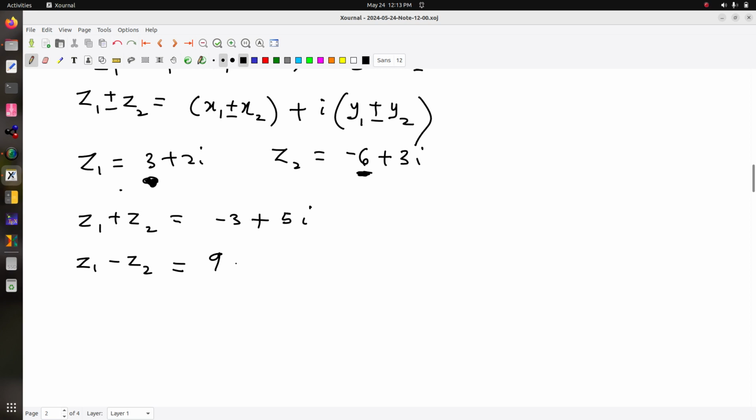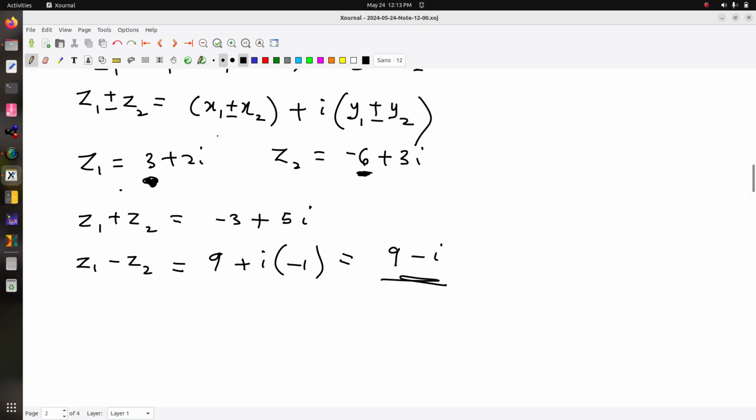Then the imaginary part you subtract as well, so 2 minus 3, that will be minus 1. Then you can write this as 9 minus i. So the addition of z1 and z2 is minus 3 plus 5i, and the subtraction of z1 and z2 is 9 minus i.